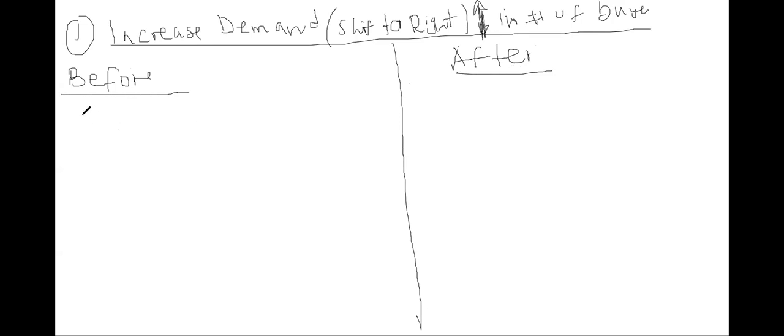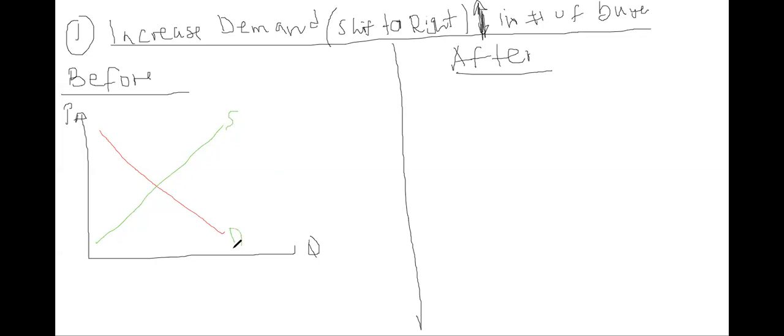So let's look at the before graph. Before there was an increase in demand, we have our price of ice cream and the quantity demanded. And then we have supply, then demand. Where they intersect is the equilibrium.